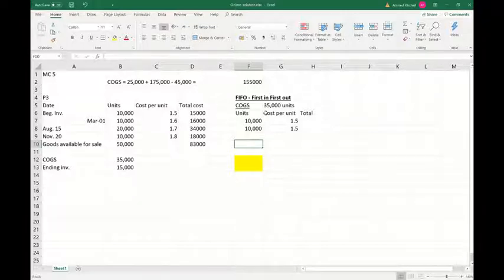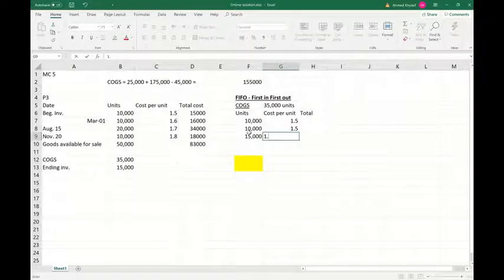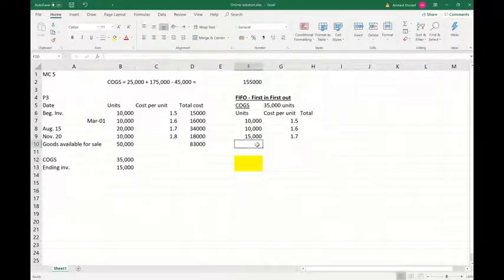The remaining 15,000 will come from August 15, at a price of 1.7. So the total here is 35,000.